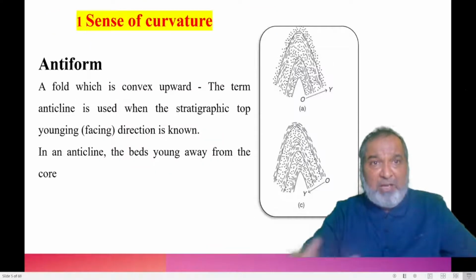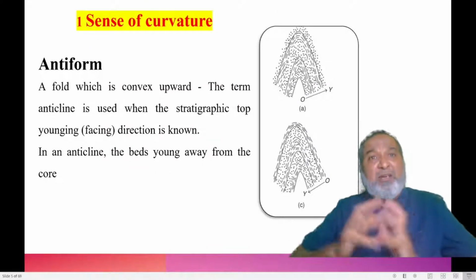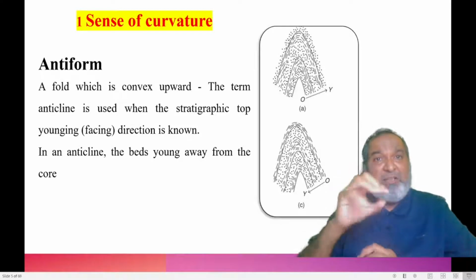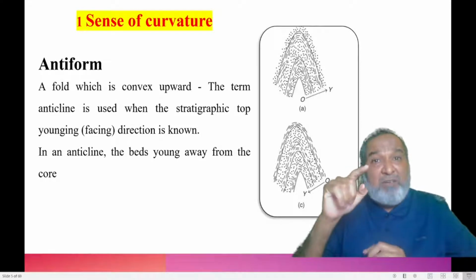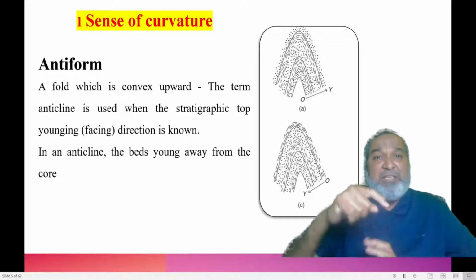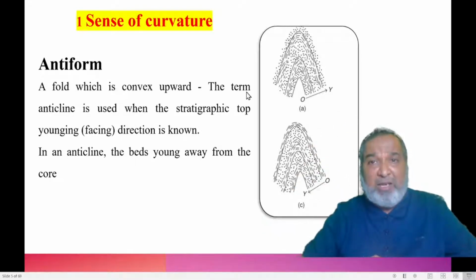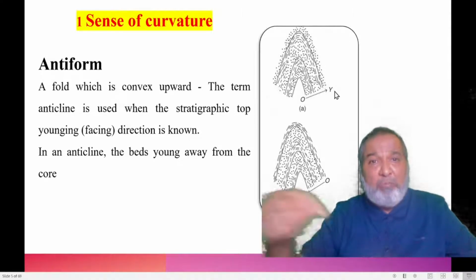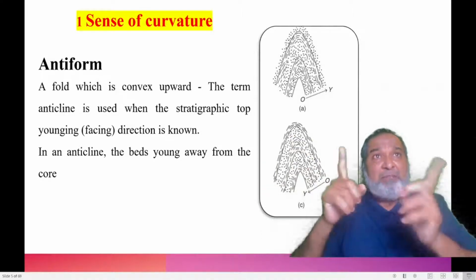So one by one, we'll now see these types of folds which come under the sense of curvature. Antiform, a fold which is convex upward. You can see the first diagram here. It is convex upward. The term anti means opposite.